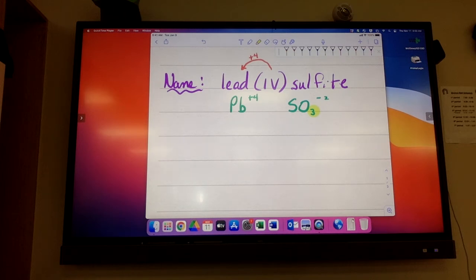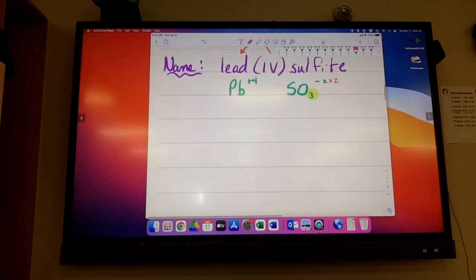All right. So what do I need to do to make this neutral? Yeah, times sulfite by 2. So that pink number is going to become a new subscript. So am I going to need parentheses? Yes. Do I need parentheses here? Never around just an element, only around polyatomics.